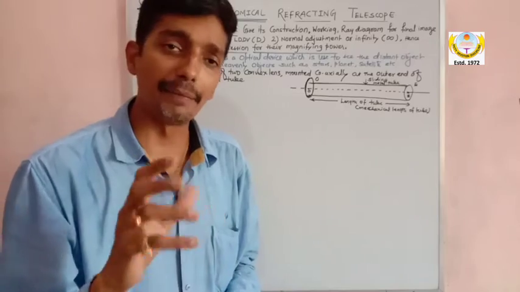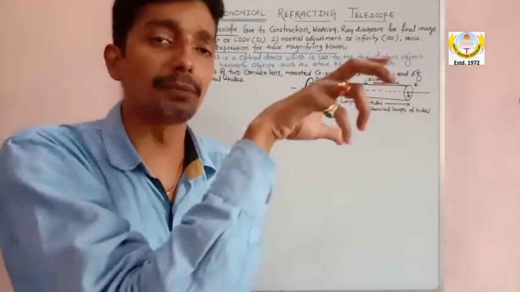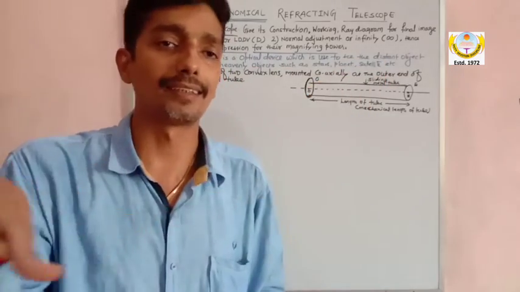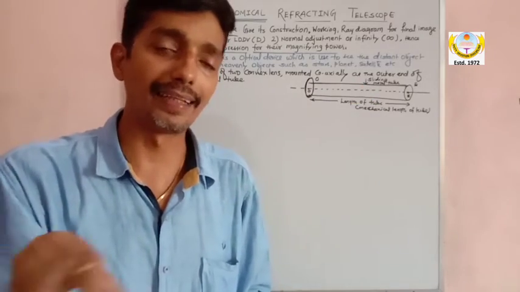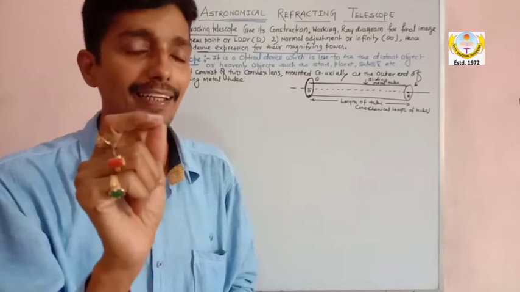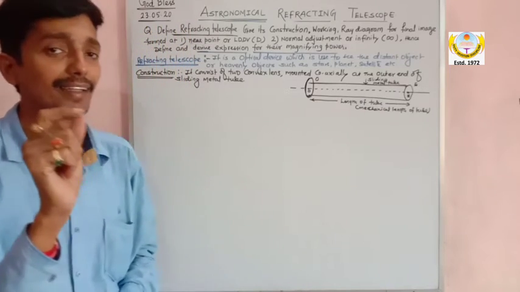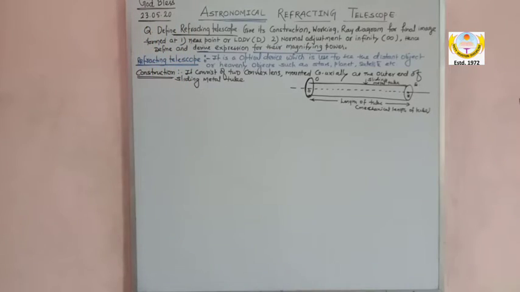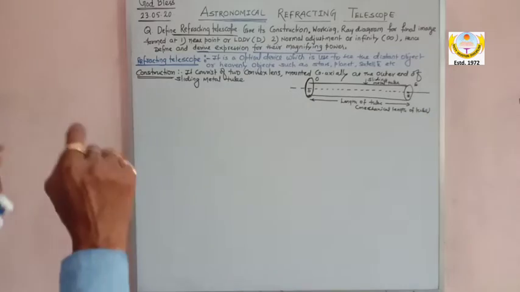This can be done by varying the distance between objective and eyepiece lens, and the entire arrangement is called the rack and pinion arrangement. Remember, rack and pinion arrangement.